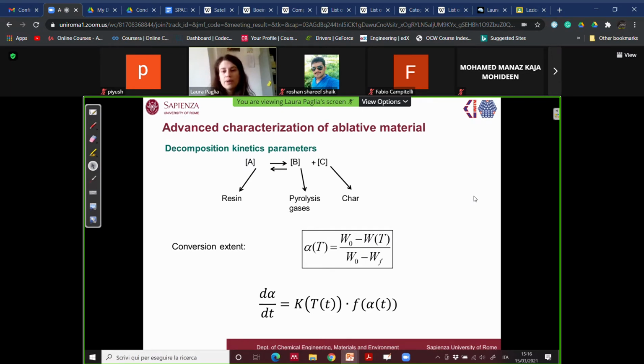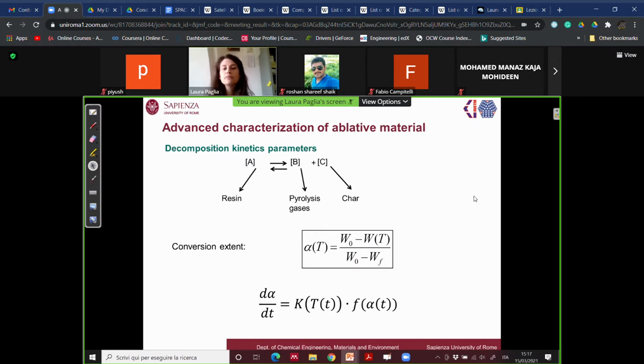Okay, so if we substitute in Wt the value of W0, we will have alpha equal to 0, and if we substitute Wf, the final weight, we will have 1. So this equation is very important because it allows us to understand how the value of alpha will change during the decomposition process.